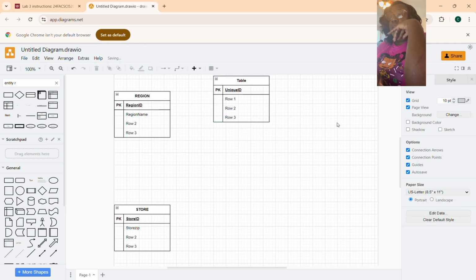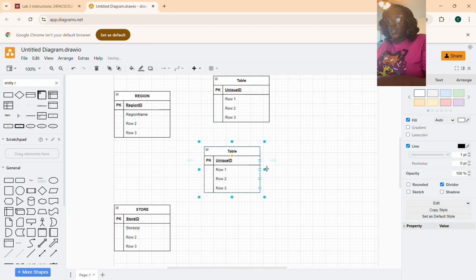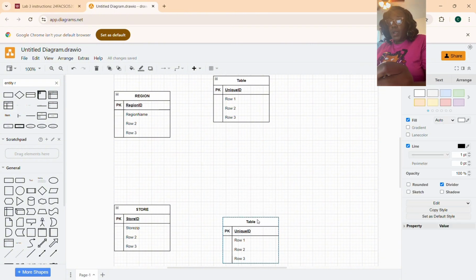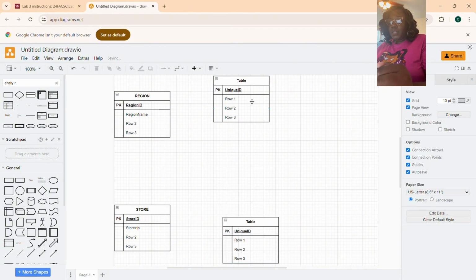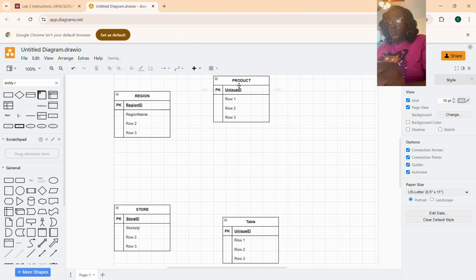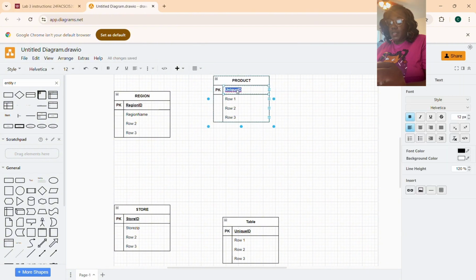So this first one up here is going to be product. In capital letters, we are going to write product. The primary key is going to be product ID. So that is going to be the primary key, product ID.